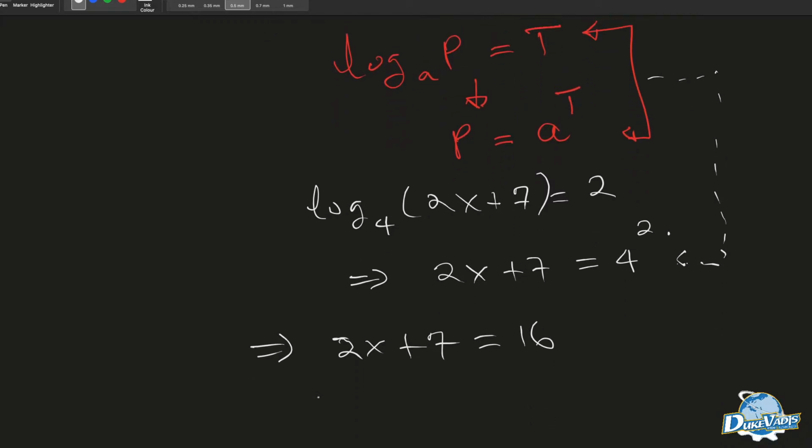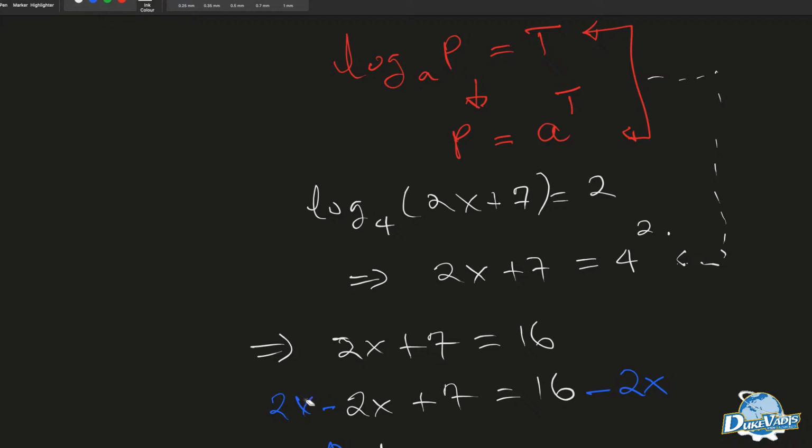Then we subtract from both sides of the equation. So we have 2x plus 7 equals 16. We are going to subtract 7 from both sides of the equation, so that it will be easier for us.